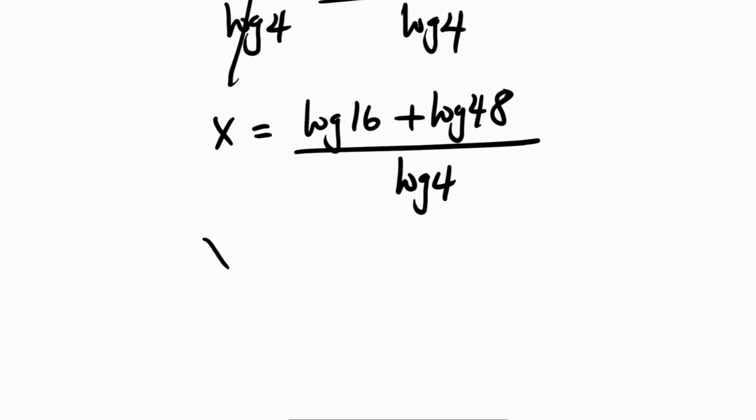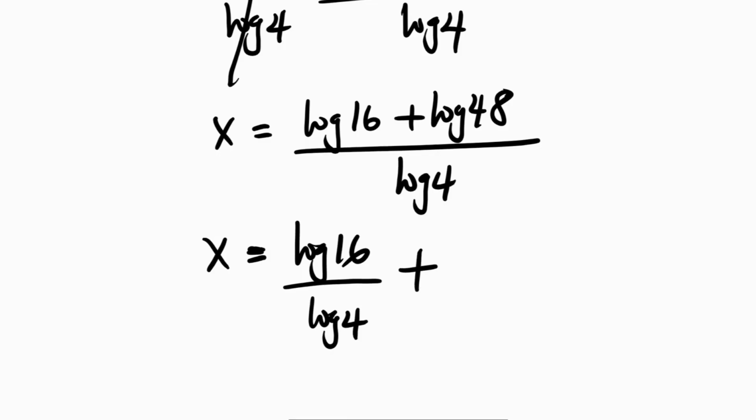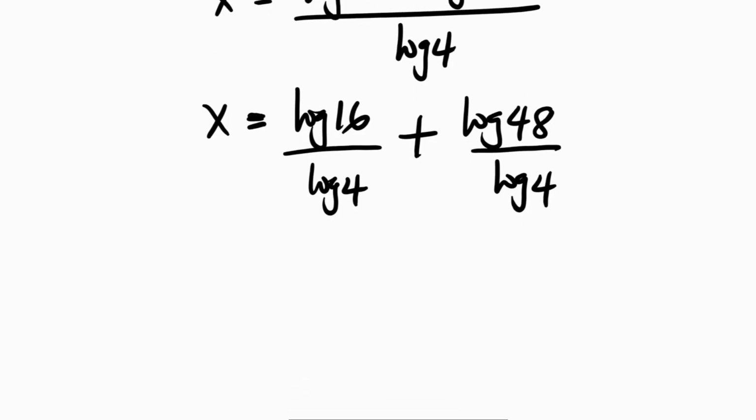So now we can put the fractions individually, let the fractions stand alone. So now the right hand side becomes log of 16 divided by log 4 standalone plus log of 48 divided by log of 4. Right. So we know that 16 is the same thing as 4 squared, right?